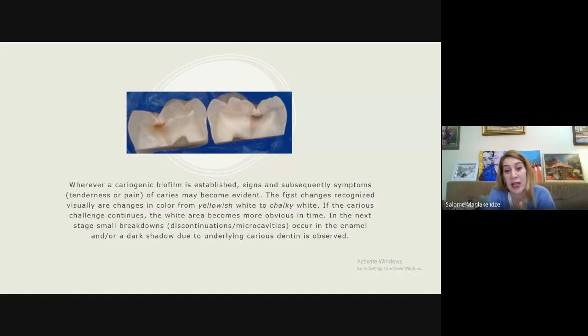The color changes from yellowish white to chalky white. If the carious challenge continues, this white area becomes more obvious with time. In the next stages, some breakdown happens, and a dark shadow due to underlying carious dentin is observed.